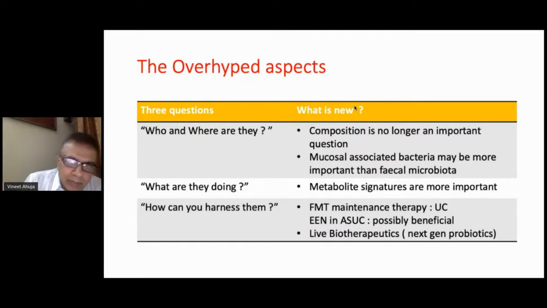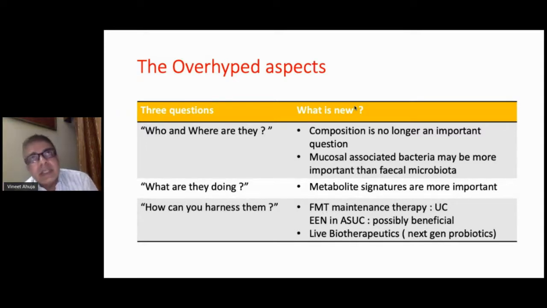Overall, what I would say is that we have been talking about composition. When it comes to the microbiome, composition may be an important question, but may be more of an ancillary issue and not the most important question.